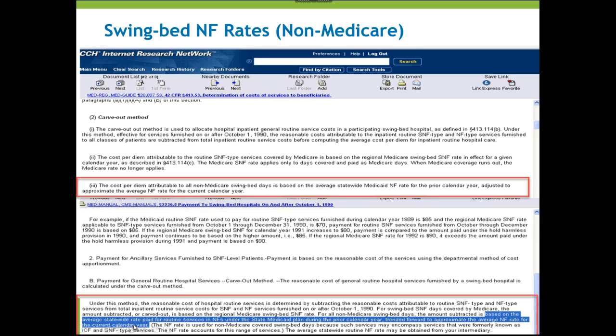So what this means, and this is never reconciled, it's never trued up once the actual current year rate is known. The rates are always estimates based on a prior year actual amount updated forward. So this is where the complexity comes from.